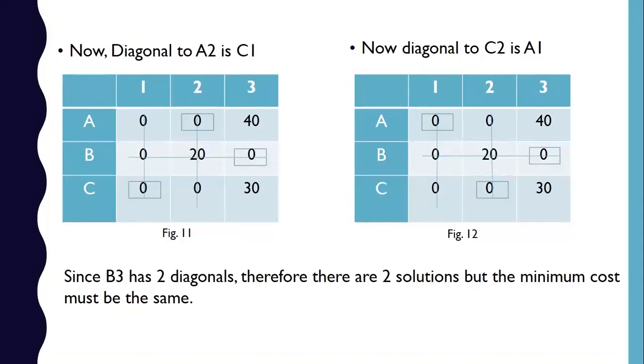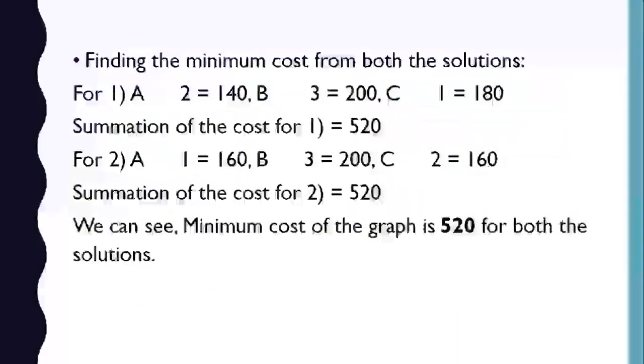So now we can see that on comparison, there are a total of 3 boxes in both the solutions and there are 3 rows in the matrix, so both these solutions will give us the minimum cost, that is the optimal solution. Now, on finding the minimum cost, if referred to earlier, we see that from A to 2, the edge had the weight 140.